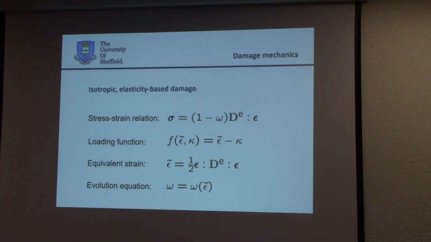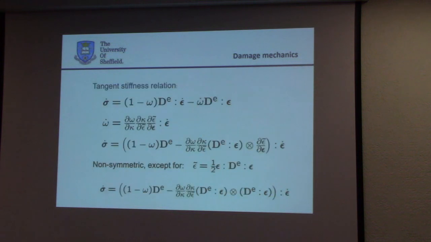So we use the chain rule: we first differentiate this, keeping this constant, and then differentiate this, keeping this constant. So here we have 1 minus omega times D times the strain rate, minus the derivative of this, which is minus omega dot times D, E times epsilon.